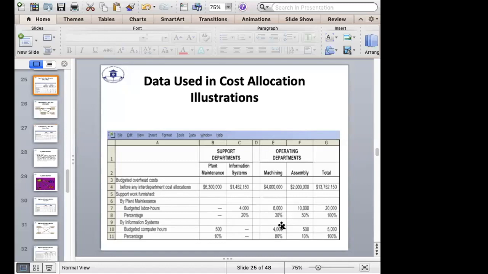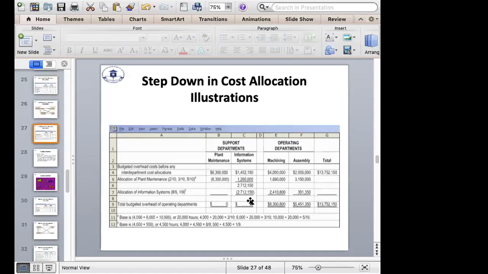So 4,000 divided by 4,500, allocation will be here. 500 divided by 4,500, allocation will be here. So 2712150 multiplied by 8/9. 8/9 of course comes here, as you can see, all right?